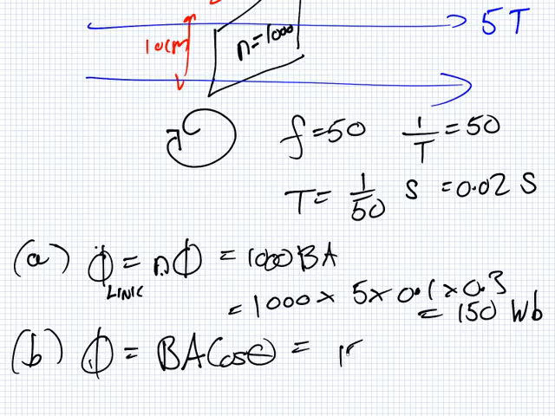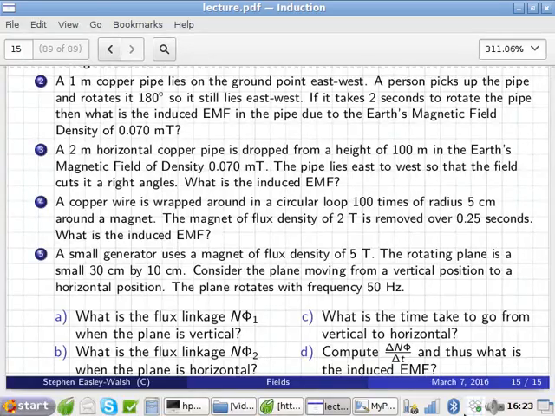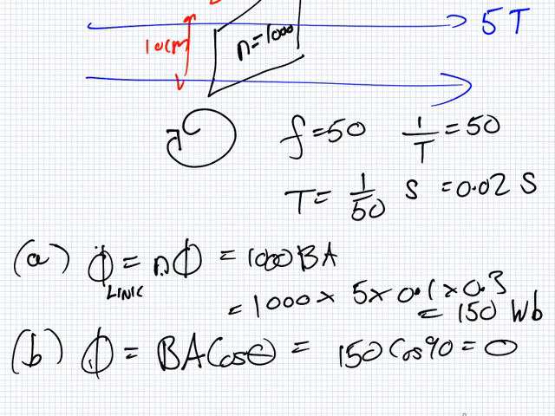It'll be 150 cos 90, which is 0. So again, 0. There's no flux when they're parallel, only when they're at some angle. The next one is, what is the time taken to go from the vertical to the horizontal? What time is that?